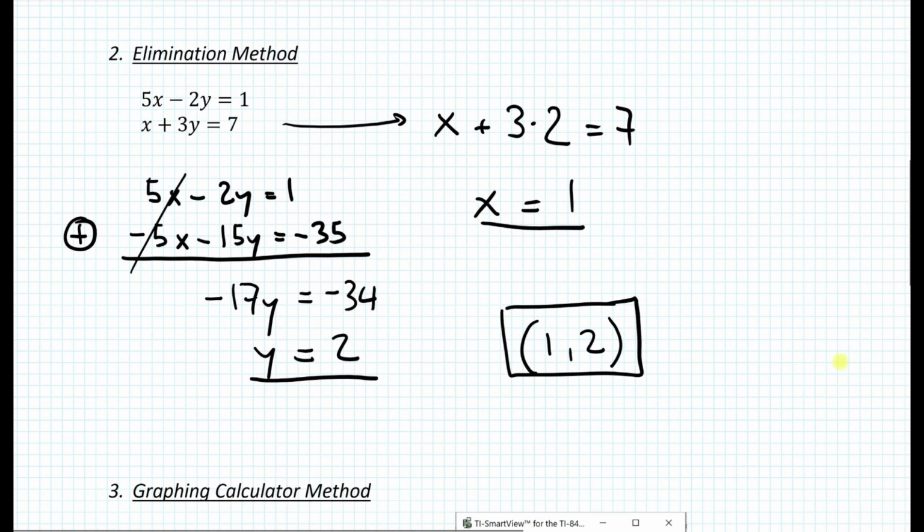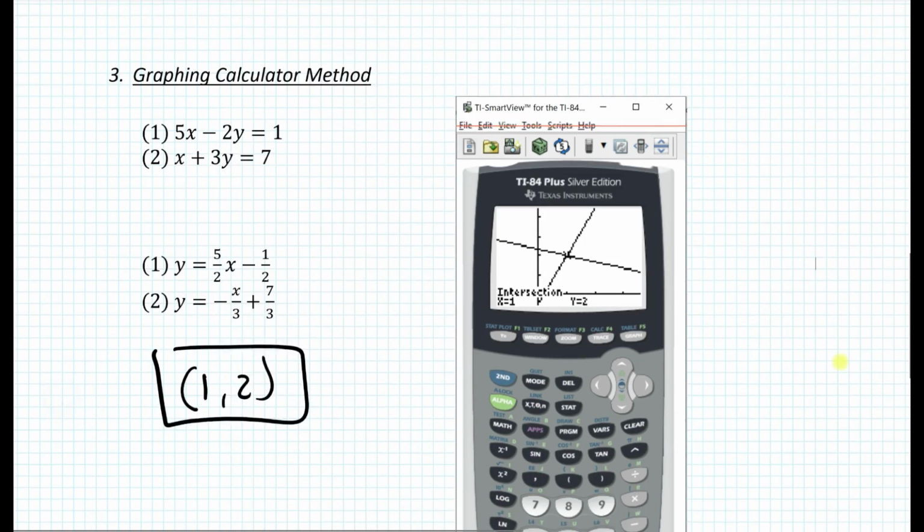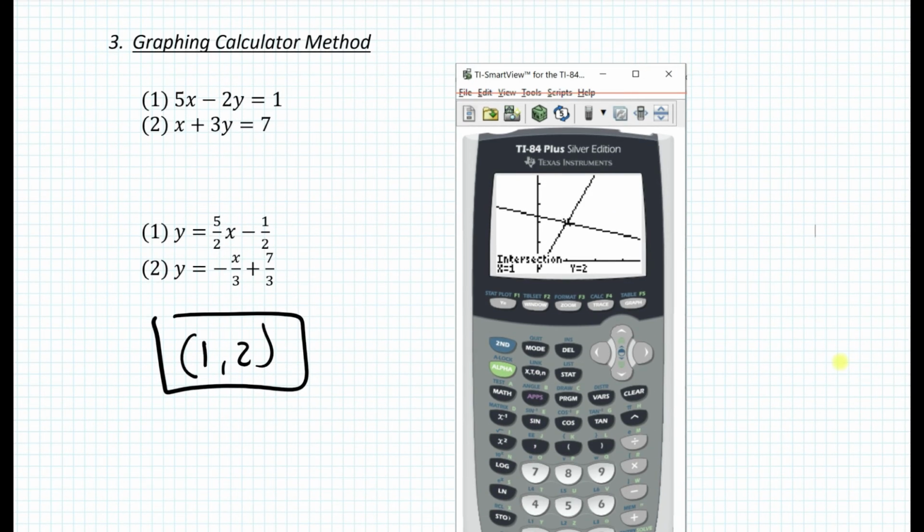Then we learned the elimination method, where you want to multiply one of the equations by a non-zero numerical value such that you can eliminate one of the variables by adding or subtracting the equations. And thirdly, we learned how to graph the equations in slope-intercept form and then look for the point of intersection using the intersect calculator function.